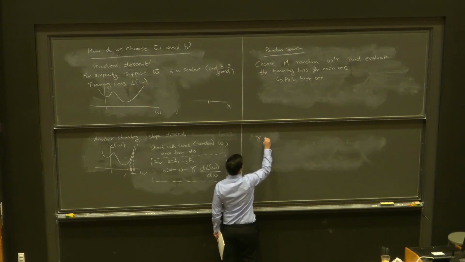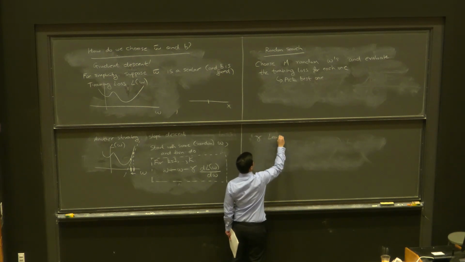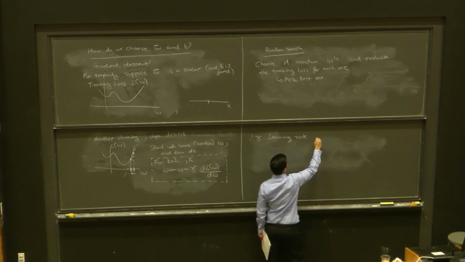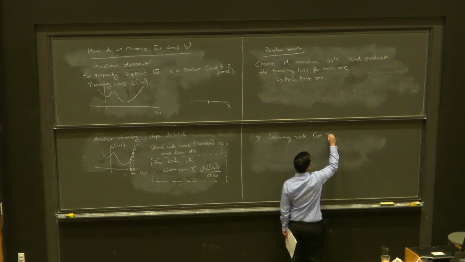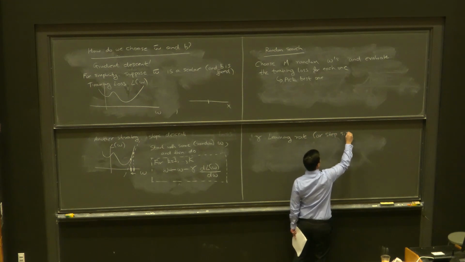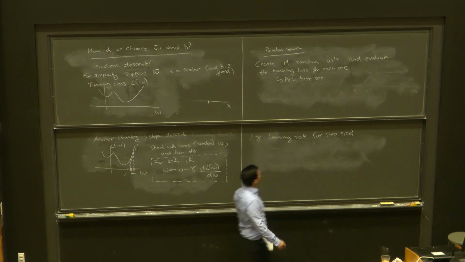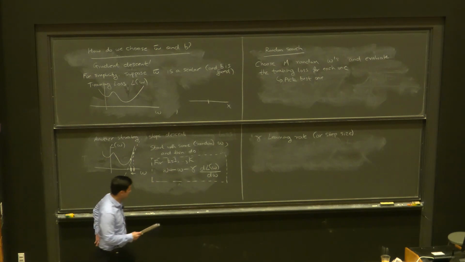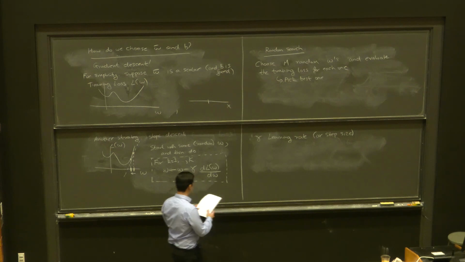Gamma is known as the learning rate, or sometimes the step size. And gamma has to be chosen reasonably carefully over here.